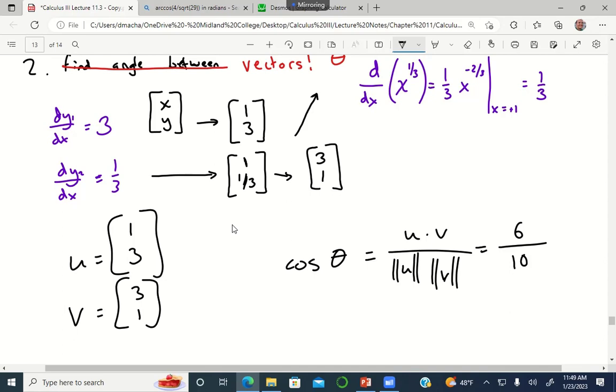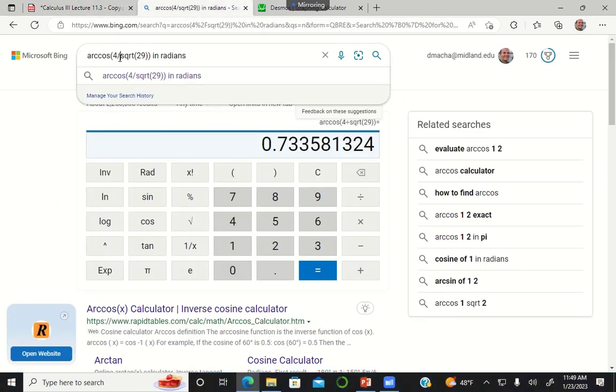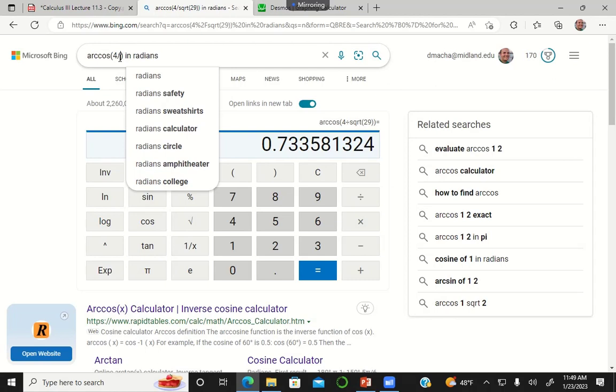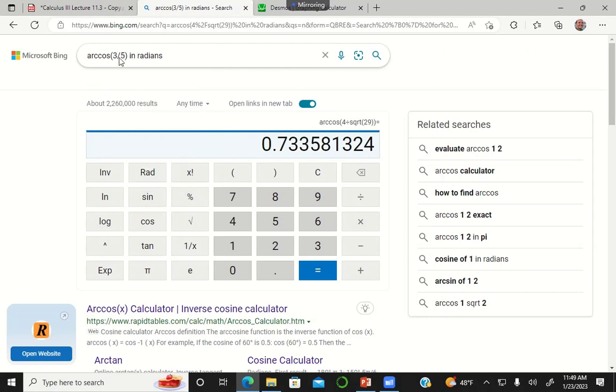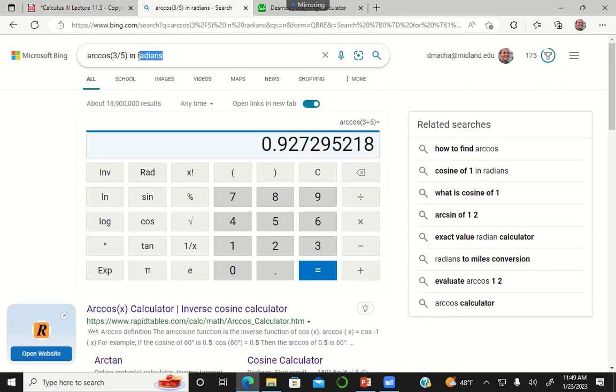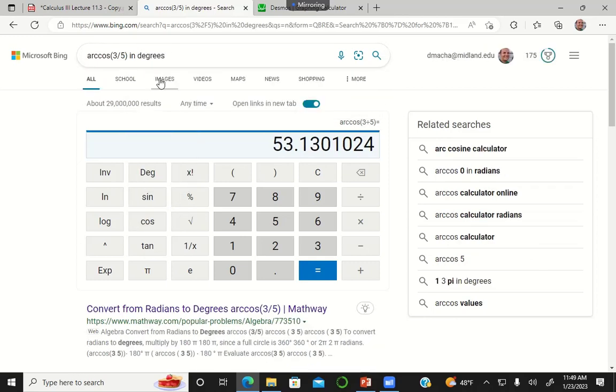And so cosine of theta is equal to 3/5. That means theta is going to be the arc cosine of 3/5, which is 0.93 radians, or about 53 degrees.